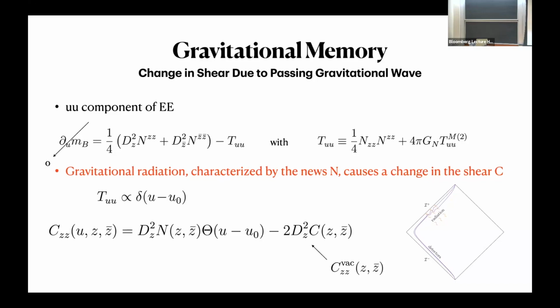It comes in and it shakes these detectors. And the separation of those detectors at the end is different than their initial separation. And that's what's usually called the gravitational memory effect. This is encapsulated in this Einstein equation where the initial C_zz and the final C_zz, the shift in that, is just due to the news, which is characterizing the incoming gravitational radiation.